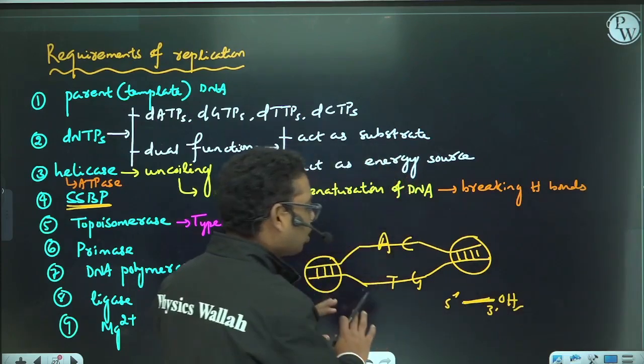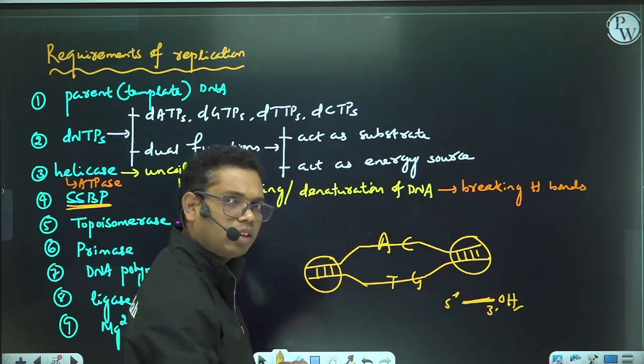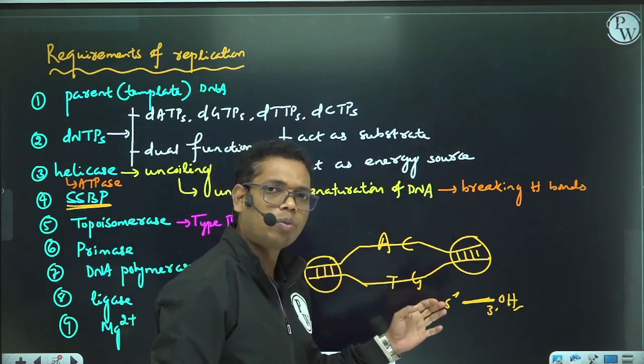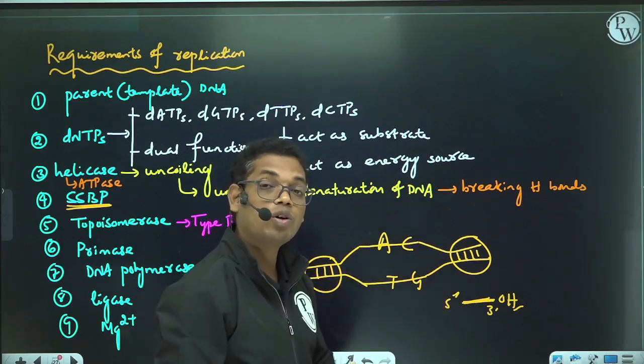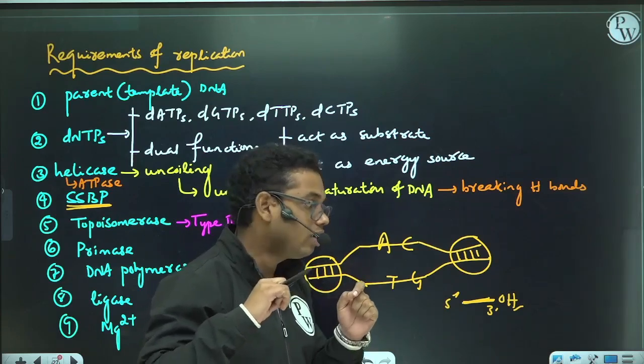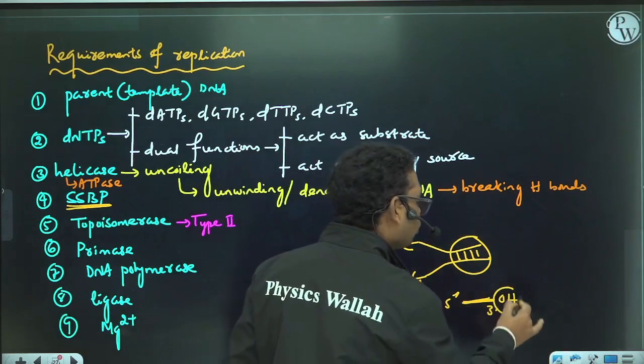But suppose there is no such nucleotide chain, and I ask the DNA polymerase to cause DNA polymerization, it will not perform. Why? Because to add a nucleotide, the DNA polymerase should be provided with a pre-existing OH group.